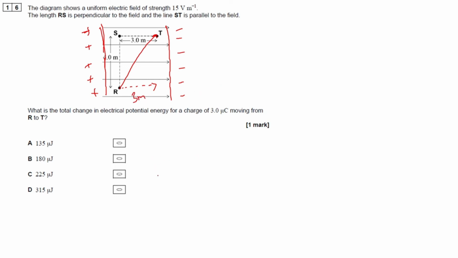To work out the energy, again, electrical energy is given by QV, where the potential V is found from the electric field strength in a uniform field, which is V over d. So V is equal to E times d. I can use this in this equation to write it as Q times E d.